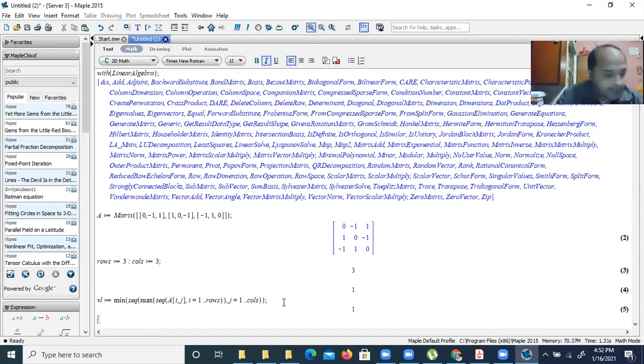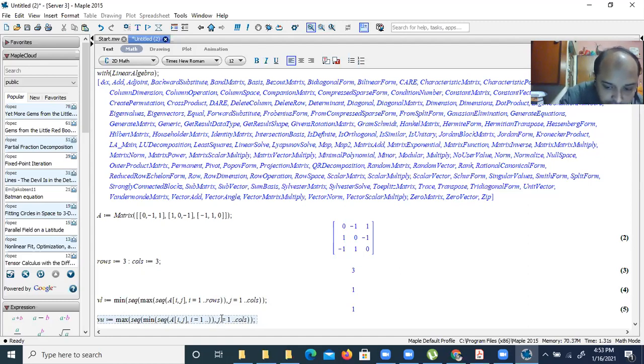Okay. Now I am going to do the same thing for upper value. So here I am going to change a bit of the code. Max becomes min and min becomes max, and rows become columns and columns become rows.